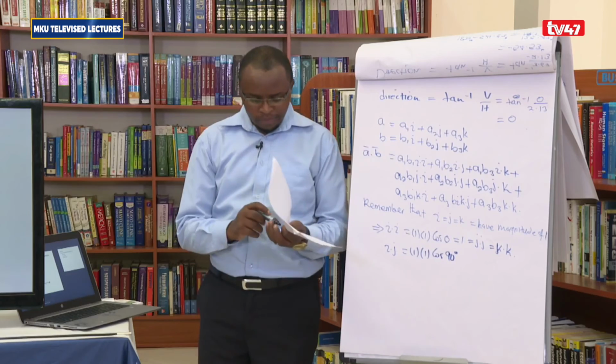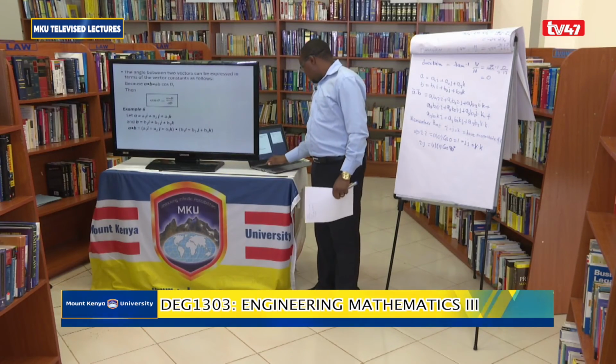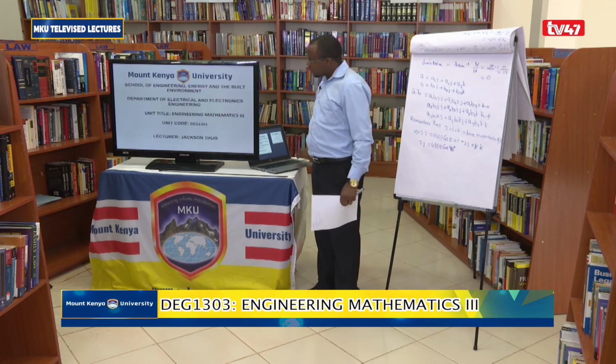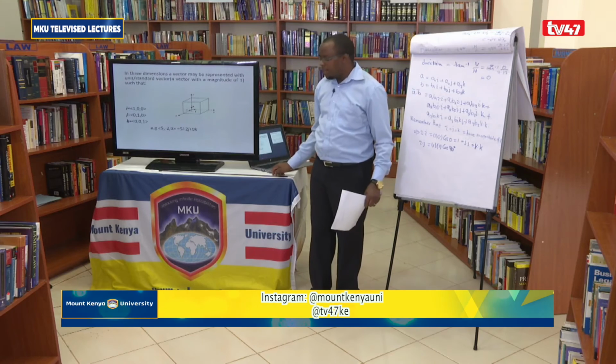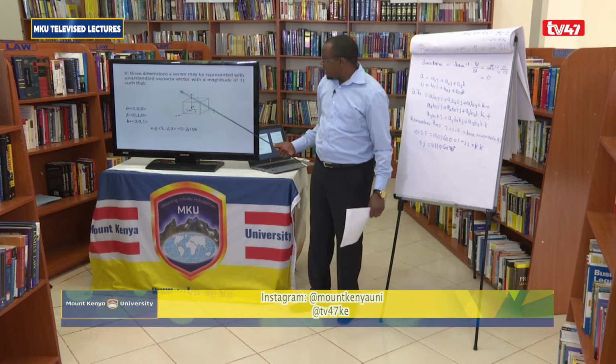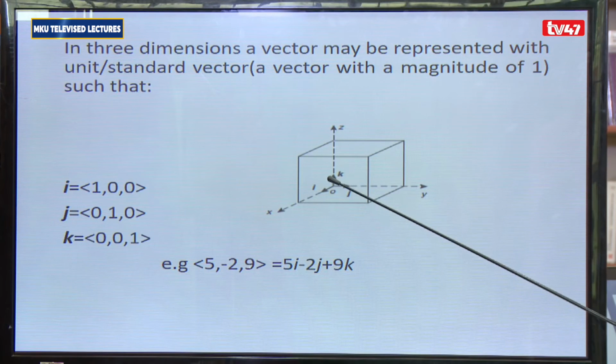Remember, this is a three-dimensional plane with the i, j, and k coordinates, all of which have a magnitude of 1.